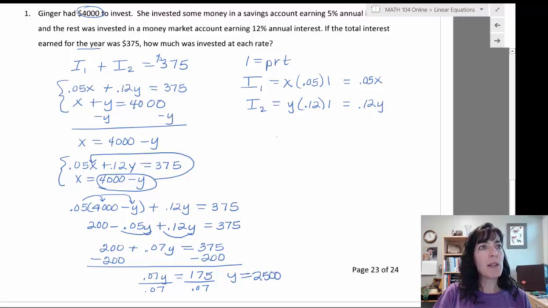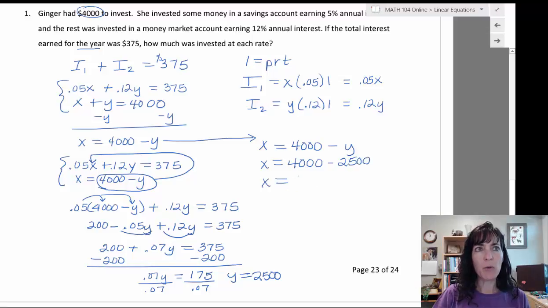That means that I invested $2,500 into the account that was the money market earning 12% interest. So if I did that, then my x, I'm going to use this equation here. x equals 4,000 minus y. So x equals 4,000 minus 2,500. That means x equals 1,500.